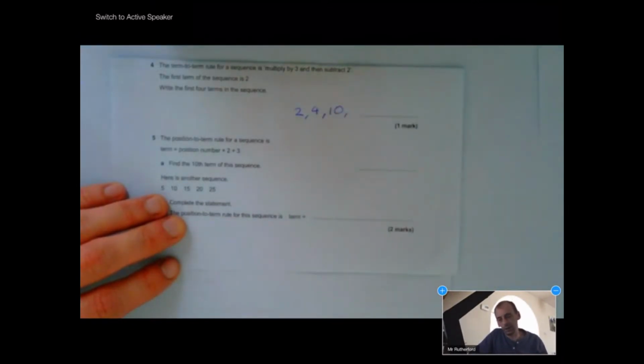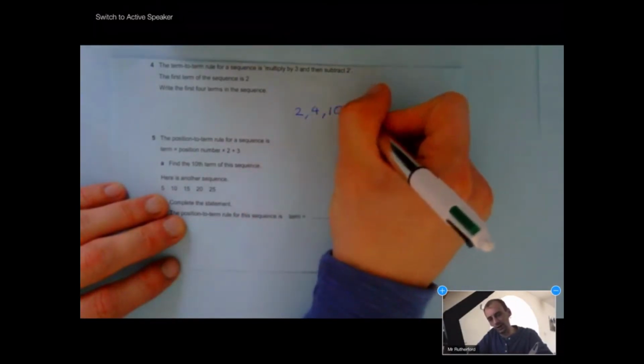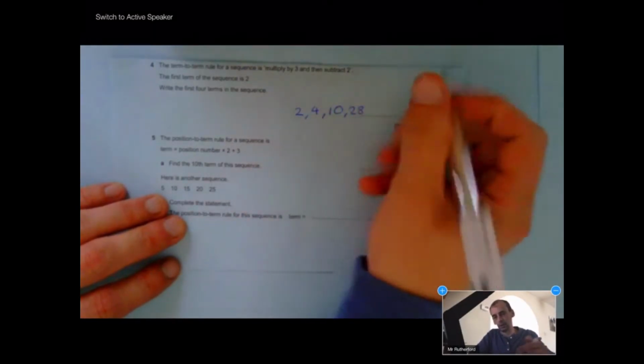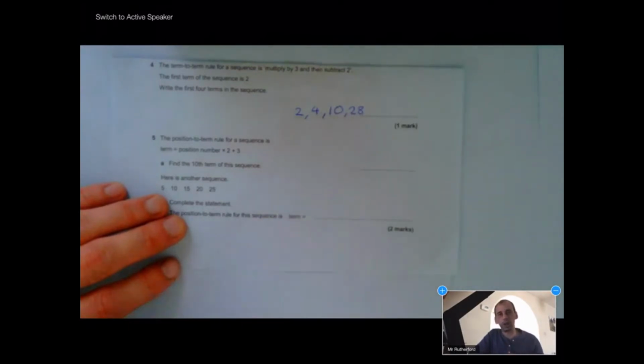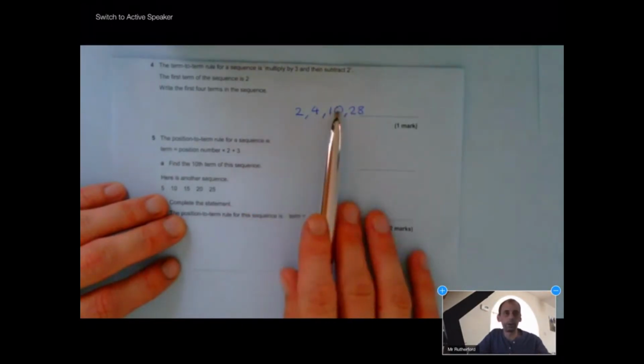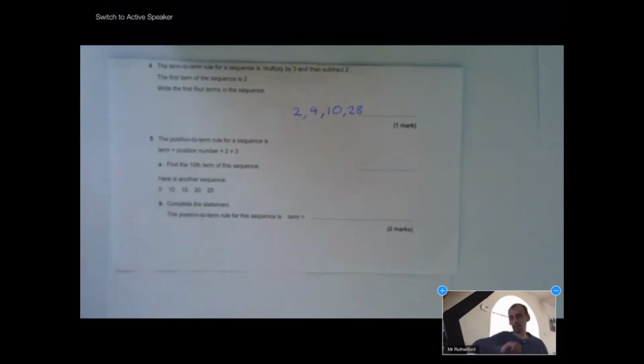Then 10 times 3 is 30, subtract 2 is 28. First 4 terms in the sequence are done, so 1 mark for all of that.